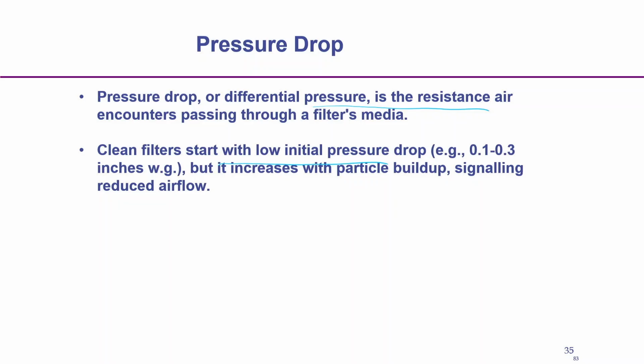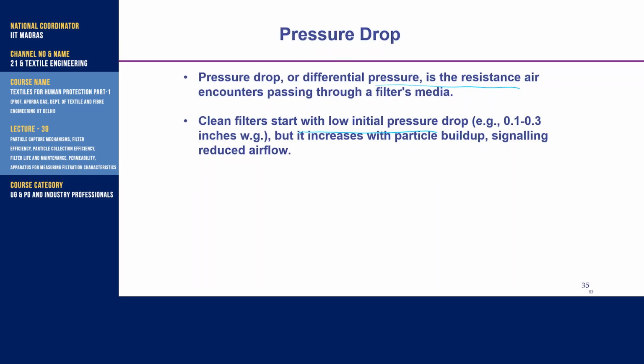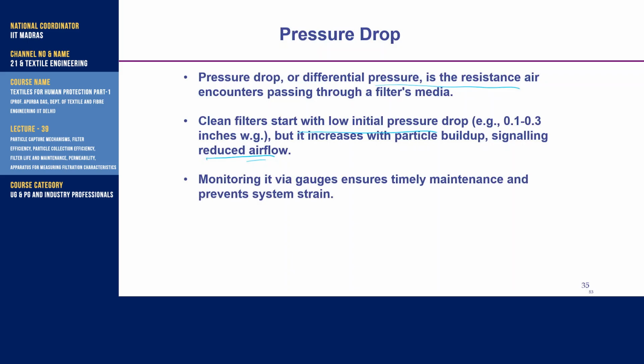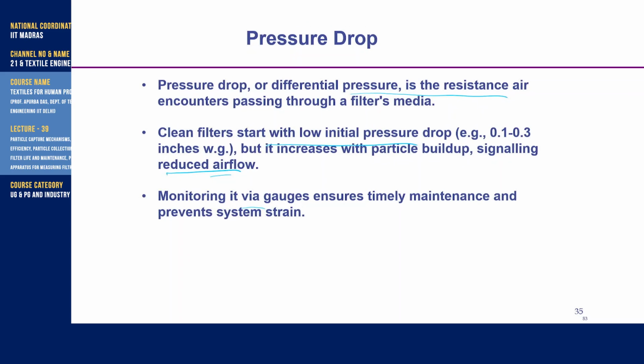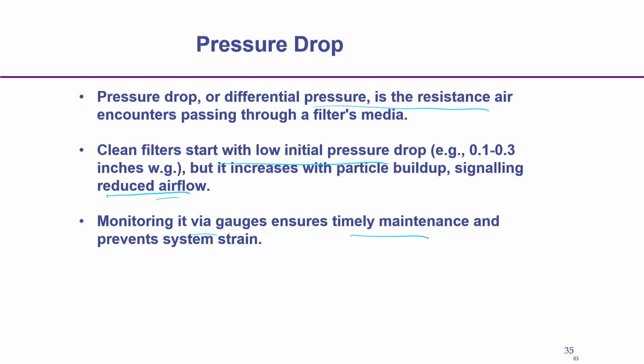As the filter gets clogged or particles are deposited on the surface, the air flow rate reduces. So, we should monitor it via different gauges to ensure timely maintenance. If the pressure drop becomes very high, then the load on the filter will increase, it will increase the power cost, and the filter may also get damaged.